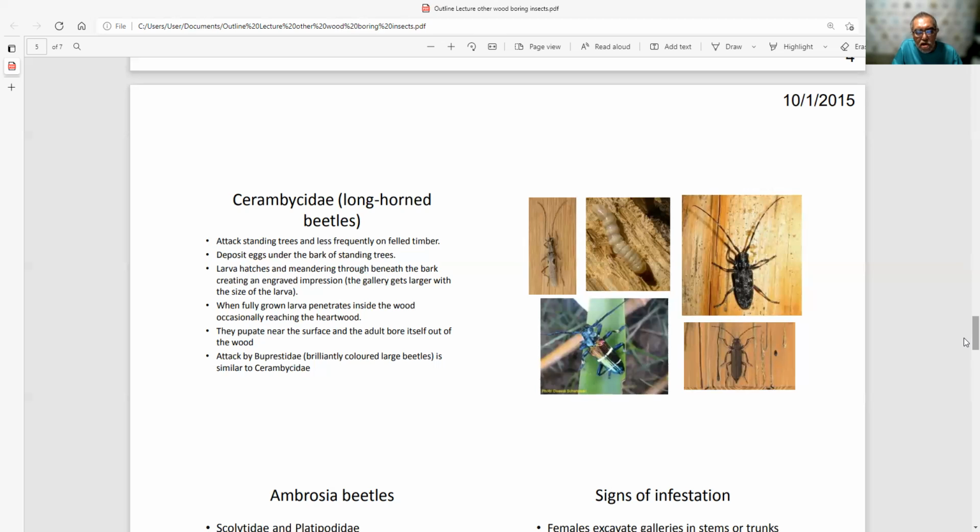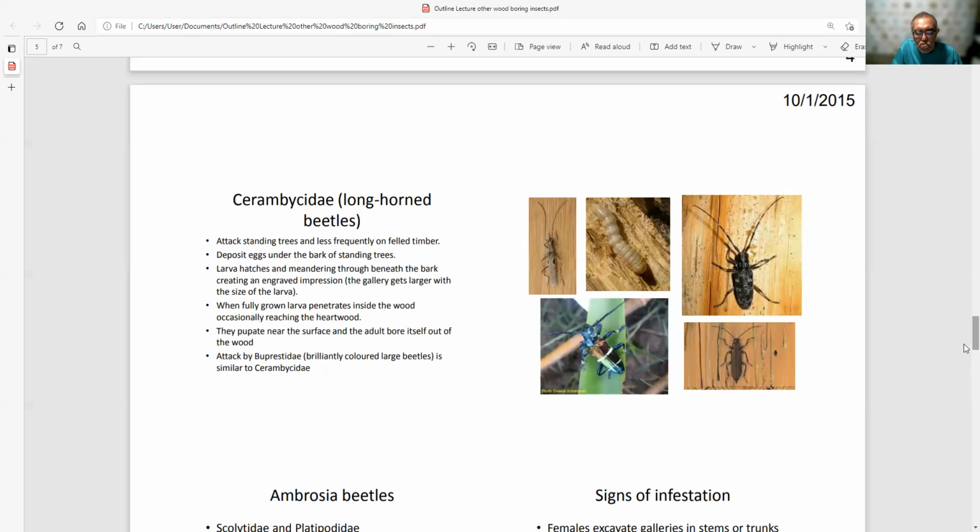When fully grown, larva penetrates inside the wood, occasionally reaching the hardwood. They pupate near the surface and the adult bores itself out of the wood. So before they pupate, they will start to tunnel up to the hardwood.